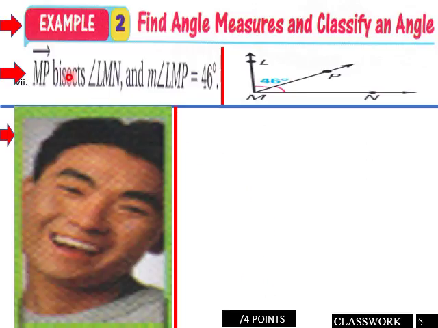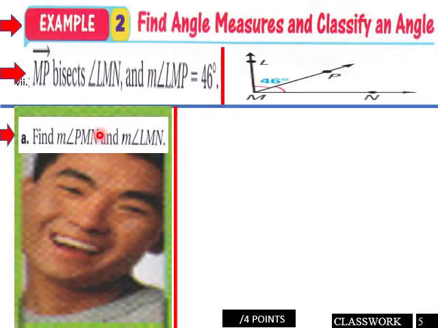Okay, example 2, MP bisects LMN. So MP, this ray here, bisects LMN, and the measure of LMP is 46 degrees.